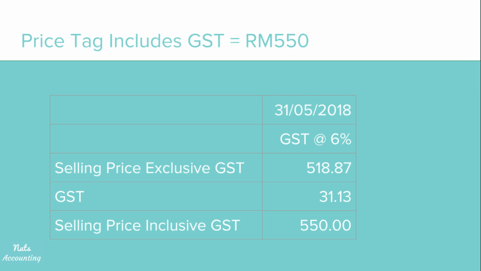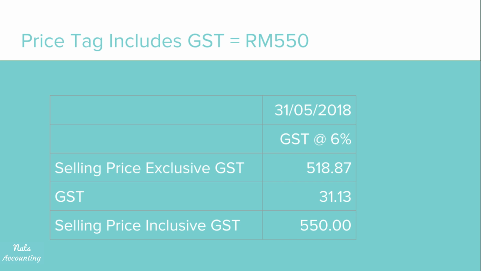So your selling price inclusive of GST is 106%. You will need to take 550, divide by 106, and then times 100 to get your exclusive price, and then you can times 6 to get your GST amount. So in this example, 518.87 is the before-GST price, and your GST is 31.13.